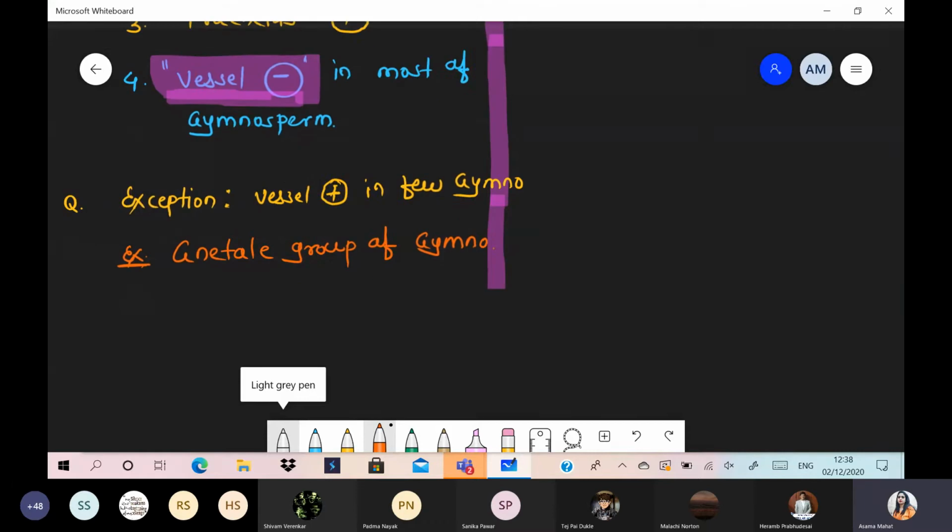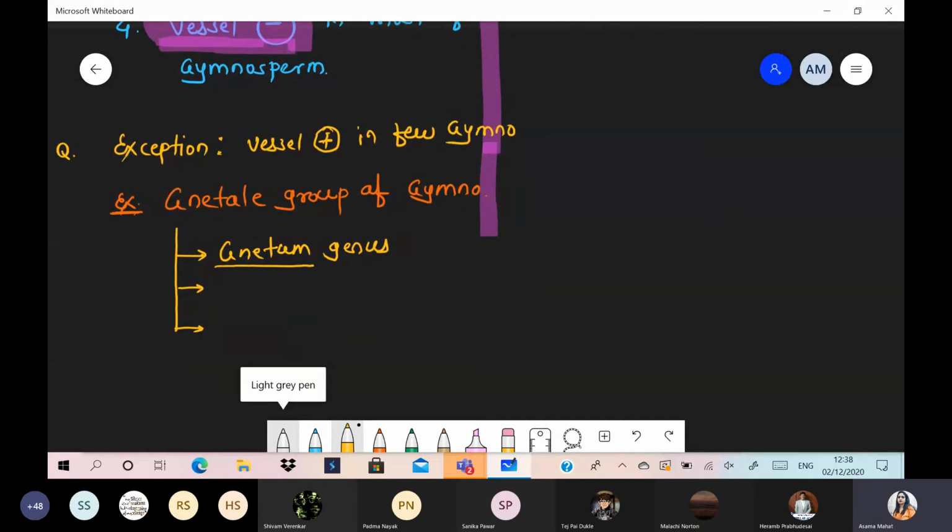Under the Gnetales group, we are taking three examples. Number one, Gnetum genus. These are examples of genus, so that's why we underline. Another one, Ephedra genus. Again an example of a genus. And another one, Welwitschia.